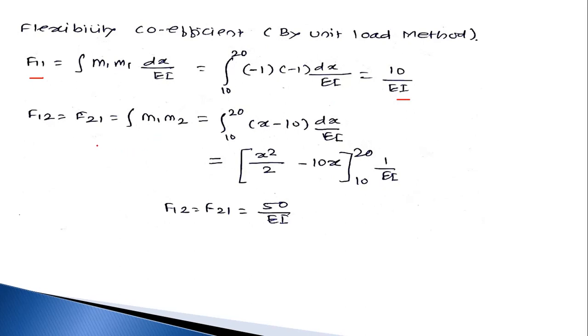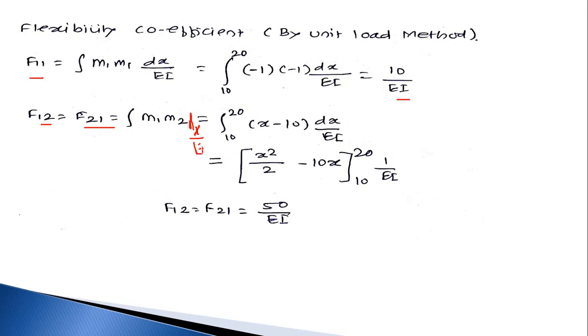Then I want to take the second coordinate, that is F12, and in the flexibility matrix the coordinates F12 and F21 are the same. How to calculate F12 and F21? That is the integration of M1 into M2 dx upon EI.